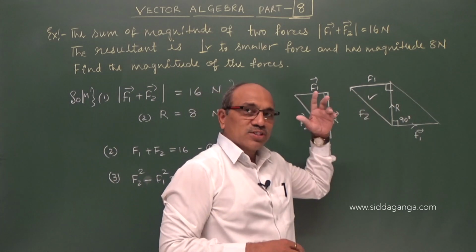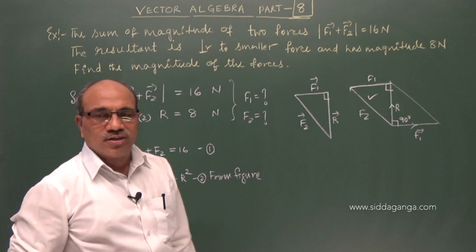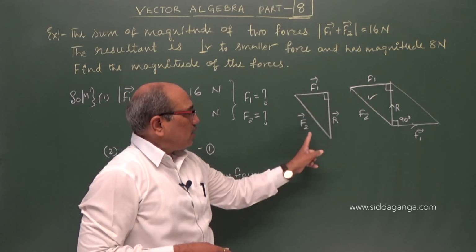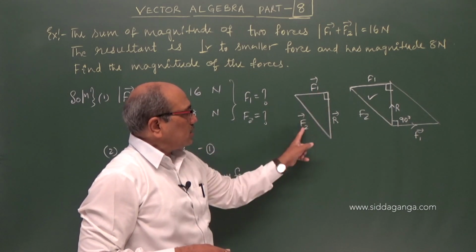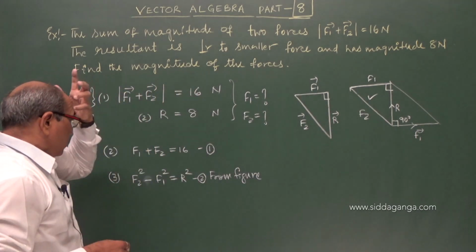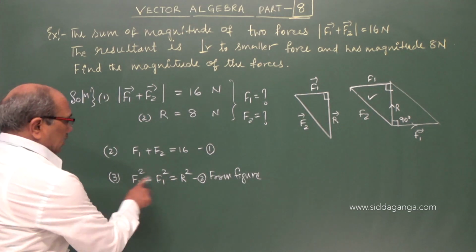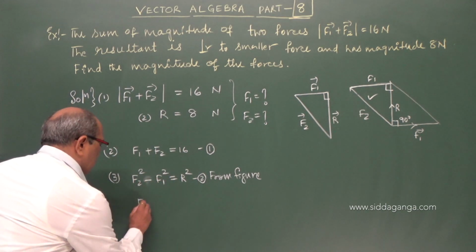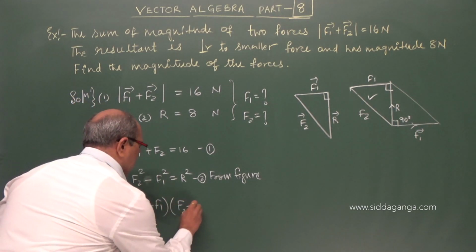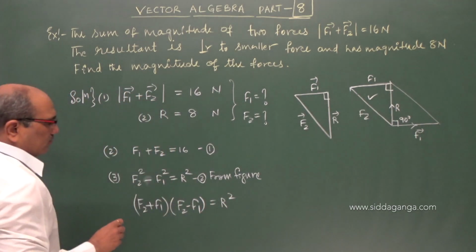Majority of the times, construction of the figure is helping. Just writing the data cannot give you the answer. So now F2 square minus F1 square gives you the value R square. So you can write, algebra: A square minus B square, F2 plus F1 into F2 minus F1, is equal to R square.